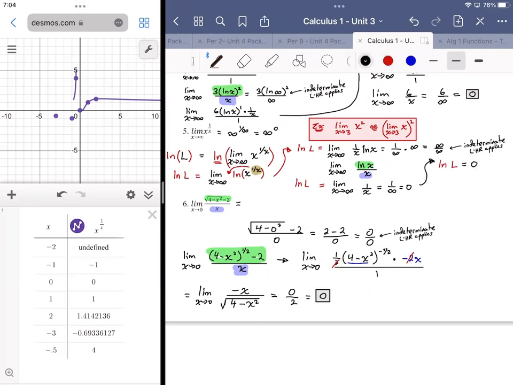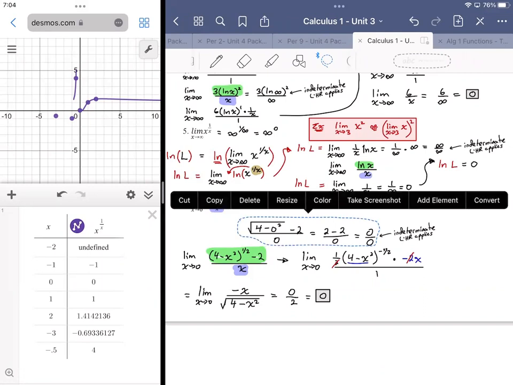So then I would just have to think about, all right, under what circumstances would L exist such that the natural log of that value would be equal to 0? And that would just require me to convert back into exponential form.